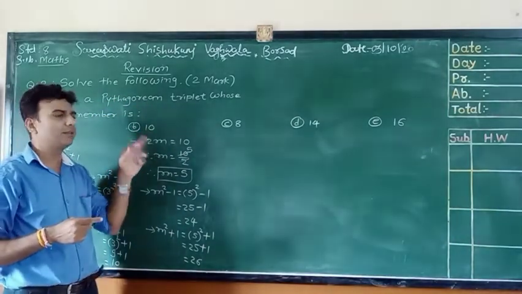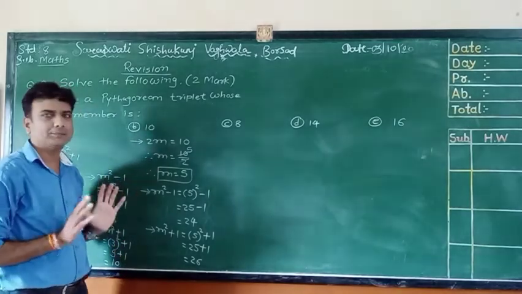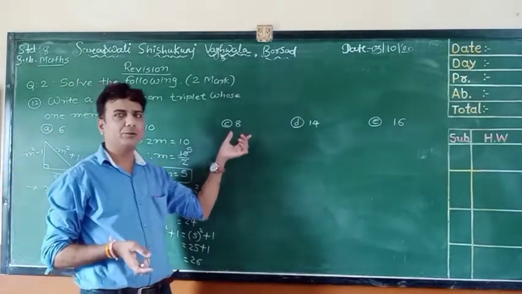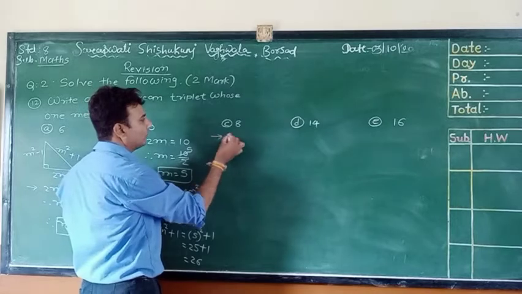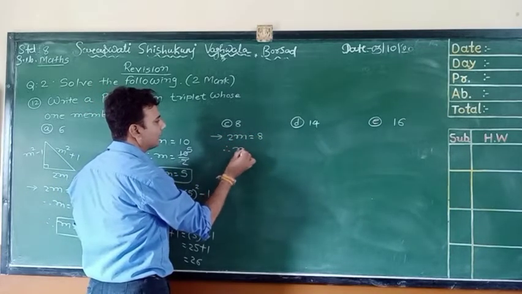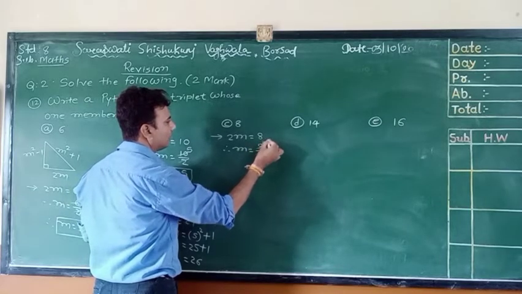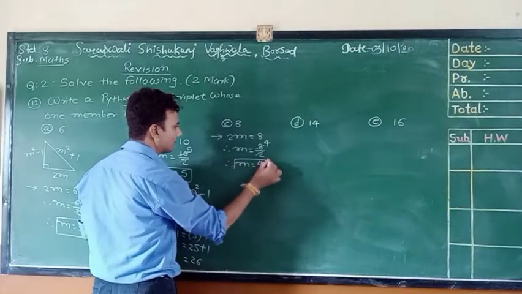One side is given and the other remaining 2 sides' measurements we want to find, and we can use this method. Is it clear, beta? See, the same concept we can use. 8 is given, so we write 2m equal to 8. 2 goes downside, 8 by 2, 2 fours are 8, m equal to 4.